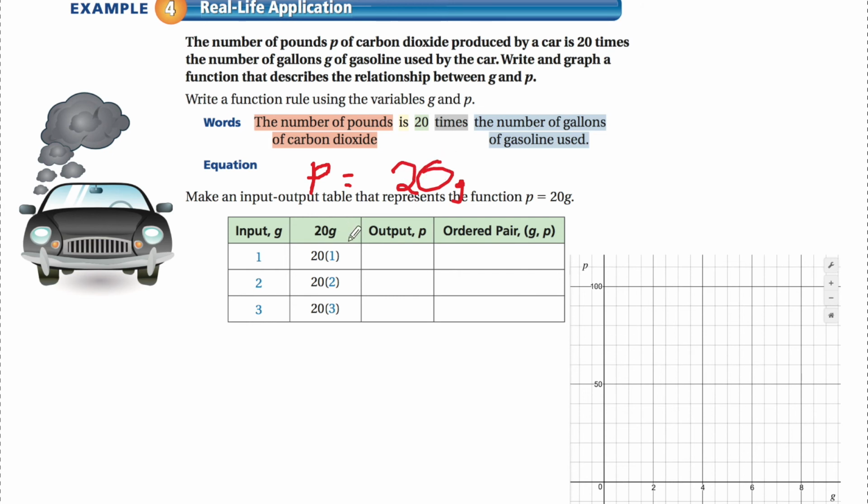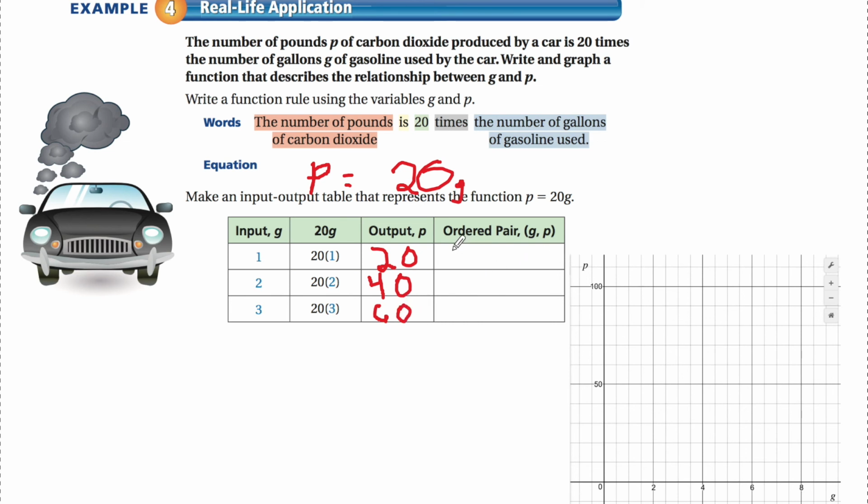So let's plug this into our function table and get some ordered pairs. So when our input is 1, our output is 20. We just plugged in 1 for G. When our input is 2, our output is 40. And when we plug in 3, our output is 60.